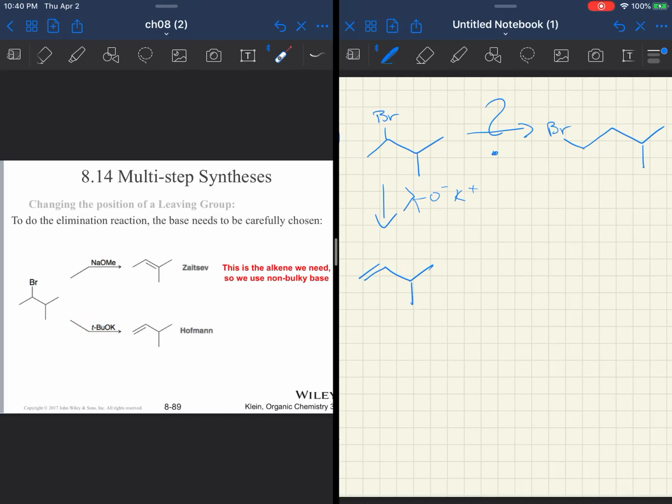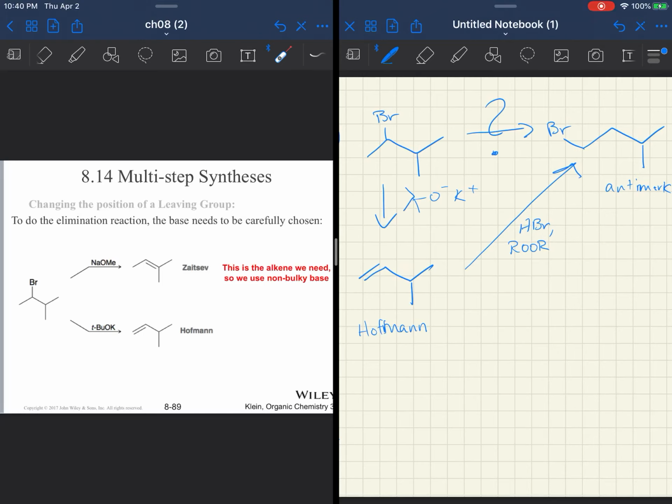You know me, I like to use potassium tert-butoxide. That's what t-BuOK is. Tert-butoxide, and then the potassium. It's just easier to type it that way. Now, if I want to add bromine to the less substituted side, right, I'm going from this Hofmann product to this anti-Markovnikov product.